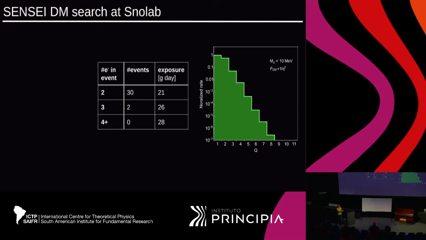this spectrum changes and becomes more extended towards higher energies and ionization numbers. So if you are focusing on things that have a mass on the order of hundreds of MeV, then maybe having a threshold of 8 is not as terrible, because you can still catch a big fraction of the signal.